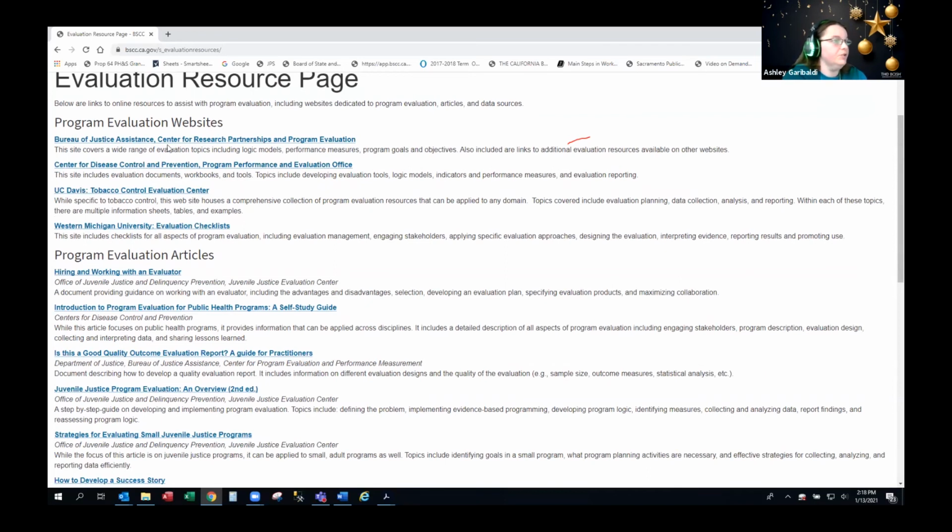These are simply website links to those programs, which will lead you down even more resources. So it's a huge tool for anybody who may need some help. They have logic models, performance measures, evaluation reporting, how to design and interpret evaluations and evidence, reporting results. So if you even just click on one and go down that rabbit hole of resources, it's super helpful.